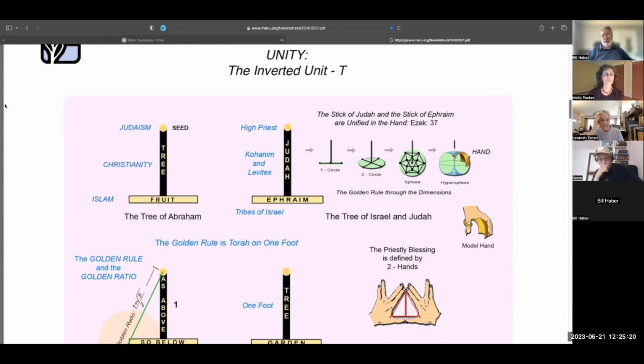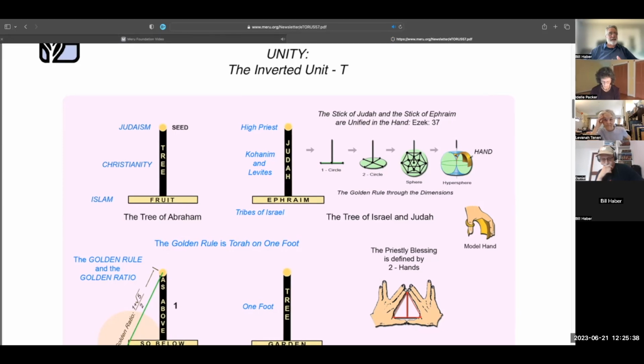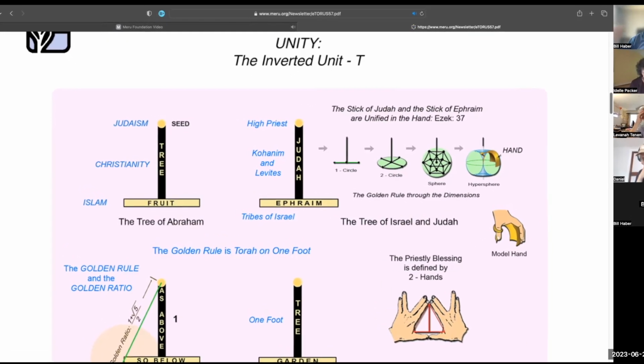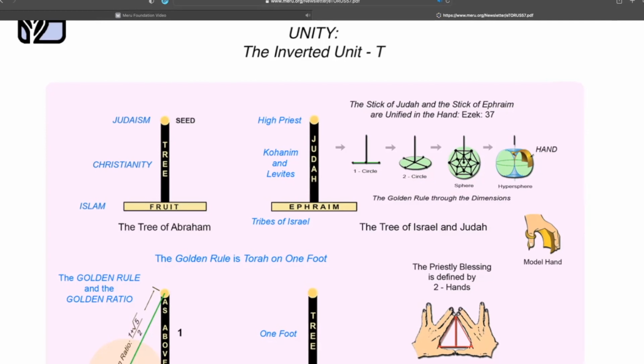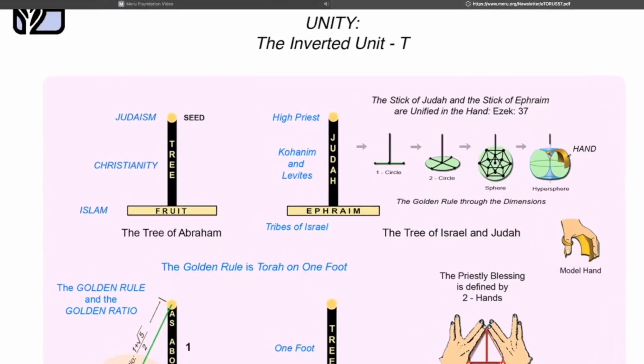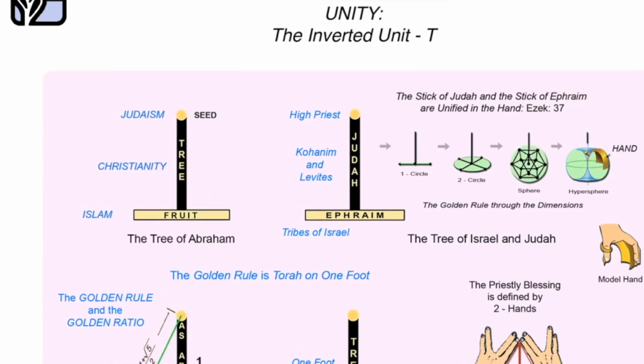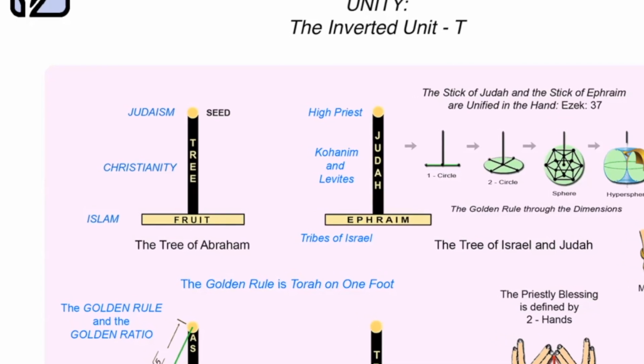I should mention, if you go to our website, meruvideo.com, there is a video called The Tree of Abraham based on a poster that Stan did that follows this idea. I did a funky animated video on it, but the dialogue is all from Stan's poster, and maybe we'll do that on a future episode.